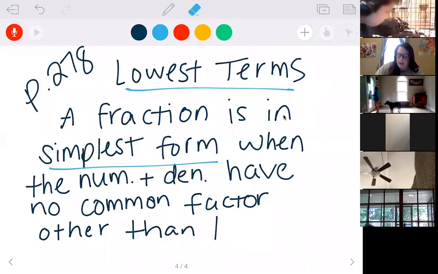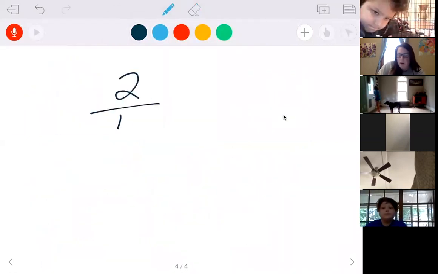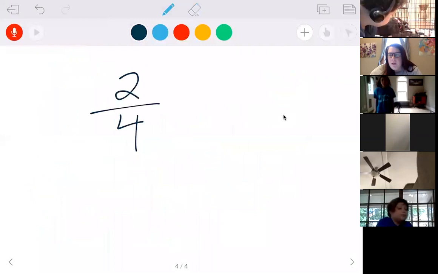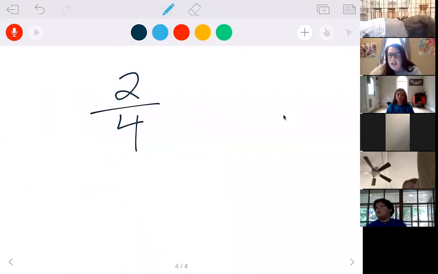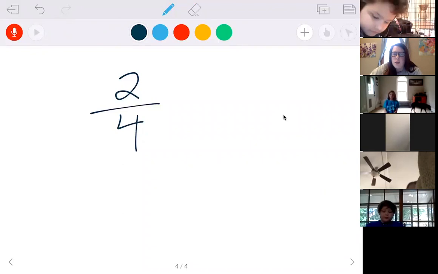So let me give you an example of what that means. If I have a fraction like 2/4, we did equivalent fractions the other day and last week. That lays the groundwork for what you're doing today, as does factors.